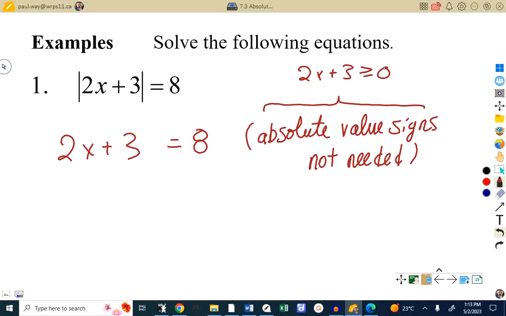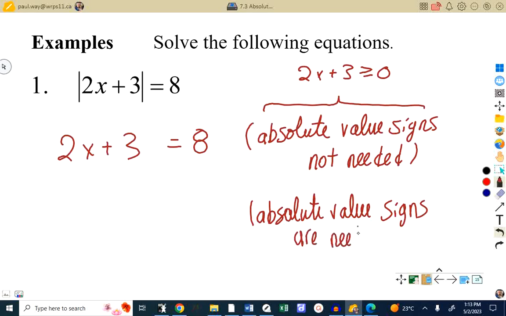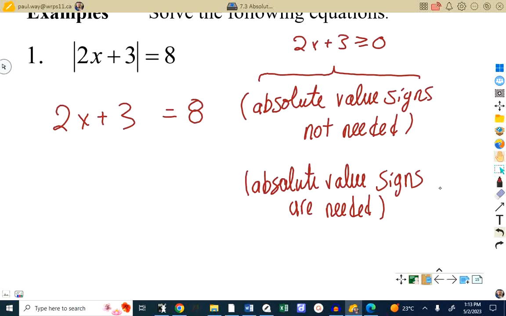And I'll start here with actually giving you this part. What if the absolute value signs are needed? Well, listen, if the absolute value signs are needed, you know what I'm telling you?